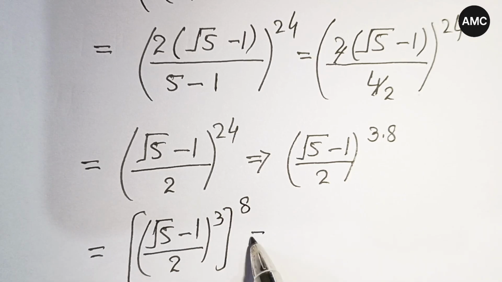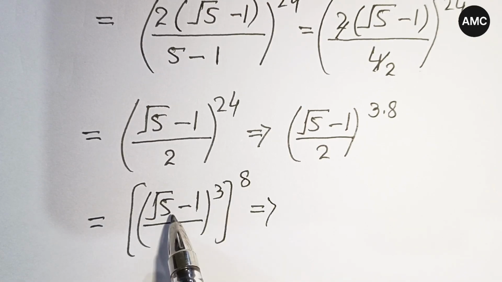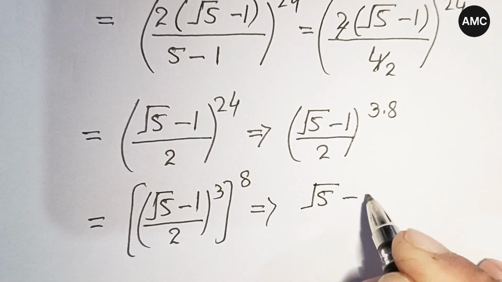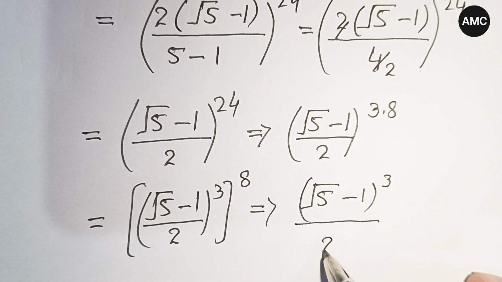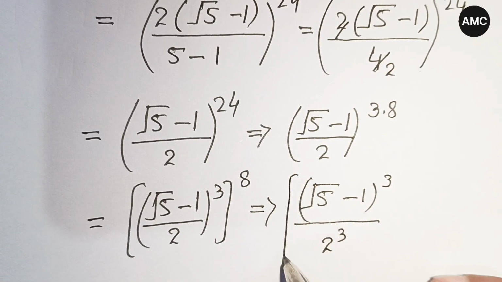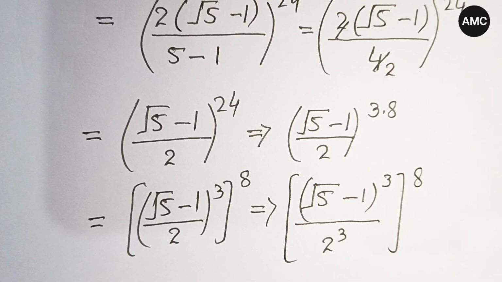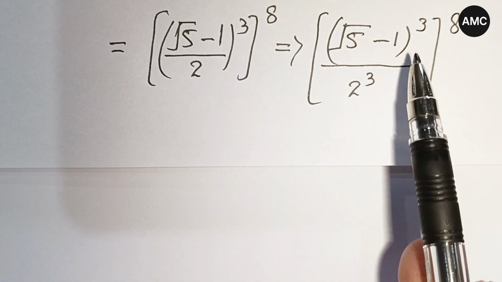So here if we write this cube with the numerator and similarly with the denominator, it will be the square root of 5 minus 1, whole cubed, all over 2 cubed, and then whole to the power 8. Now our next step: here the square root of 5 minus 1, whole cubed.